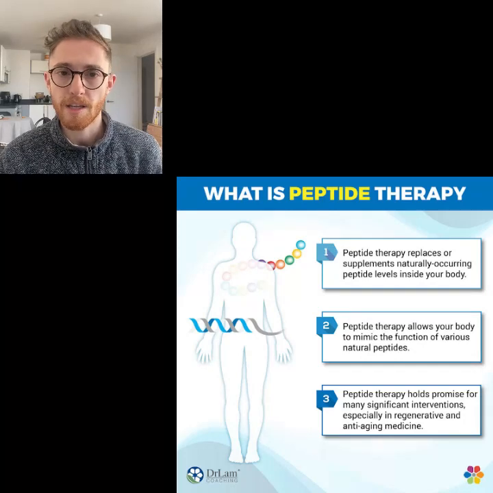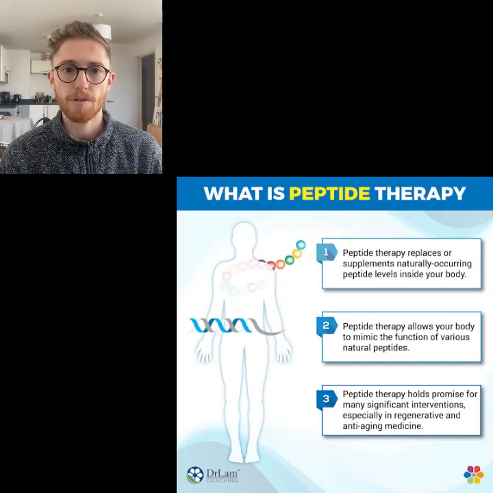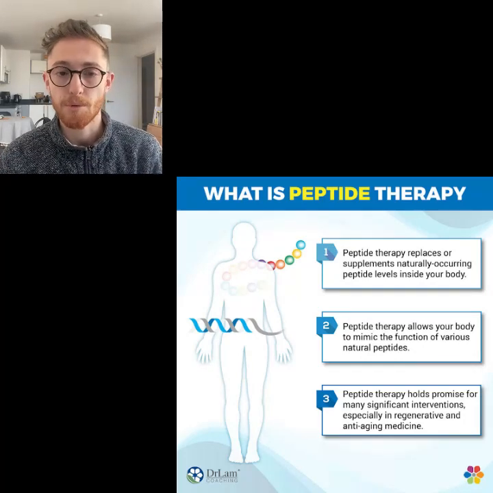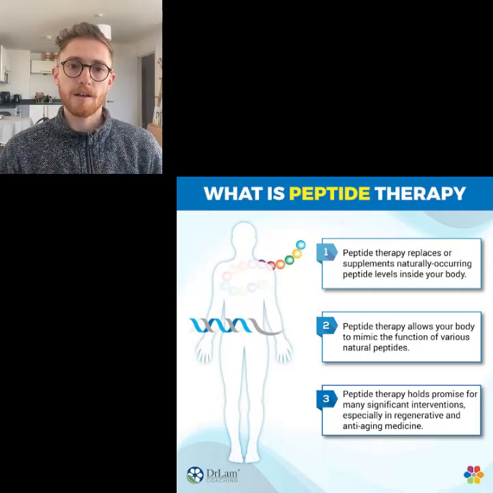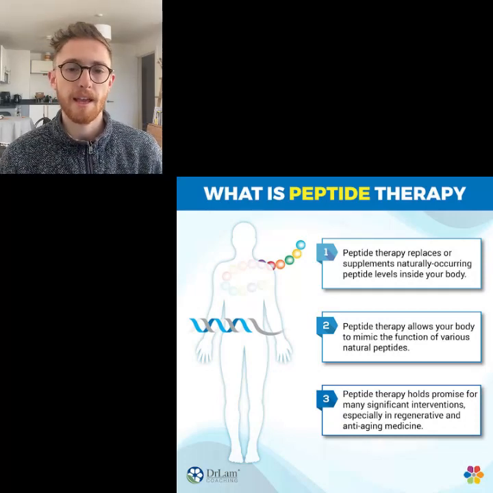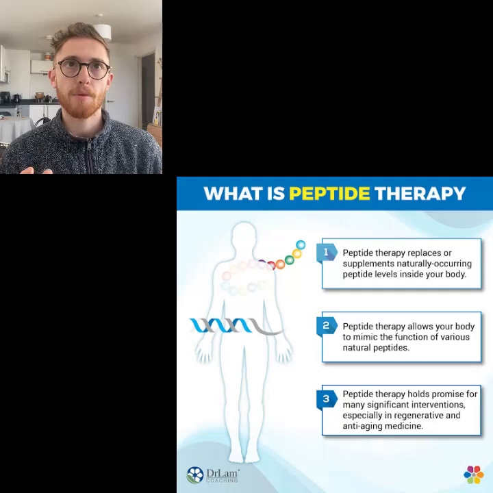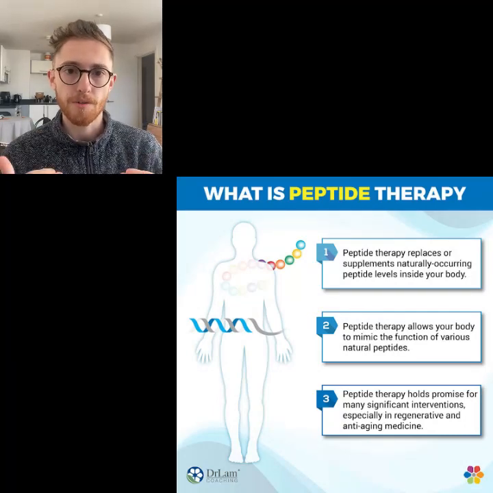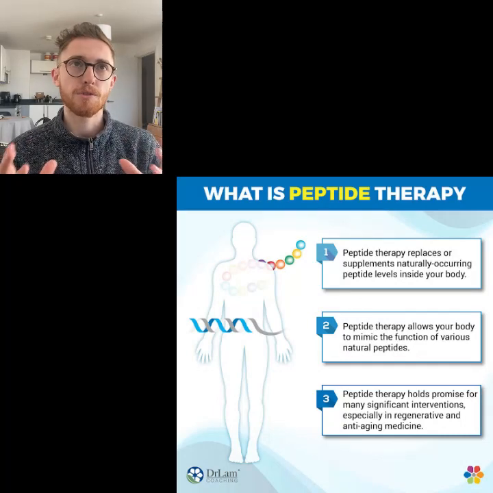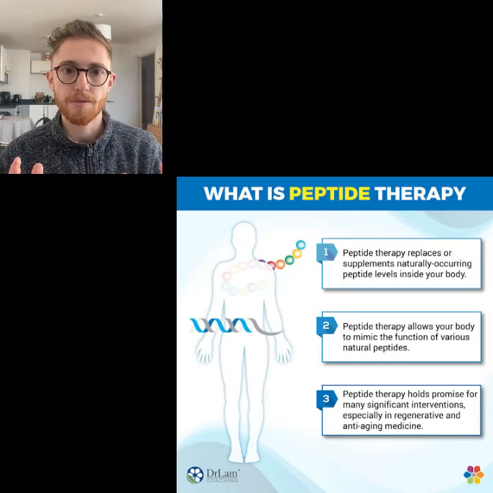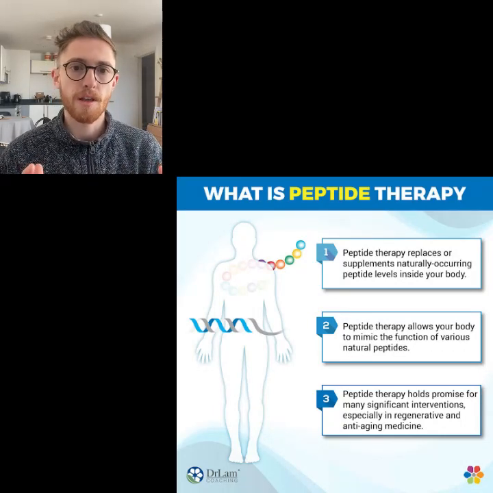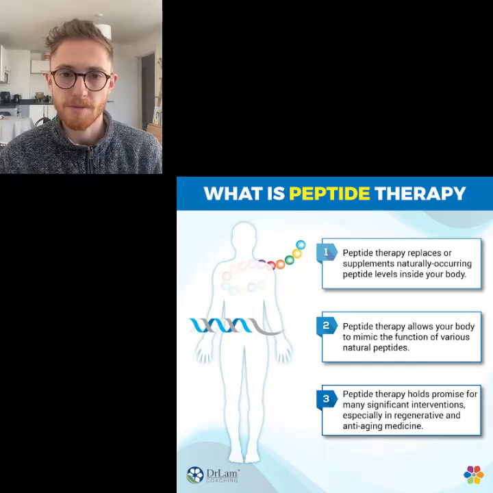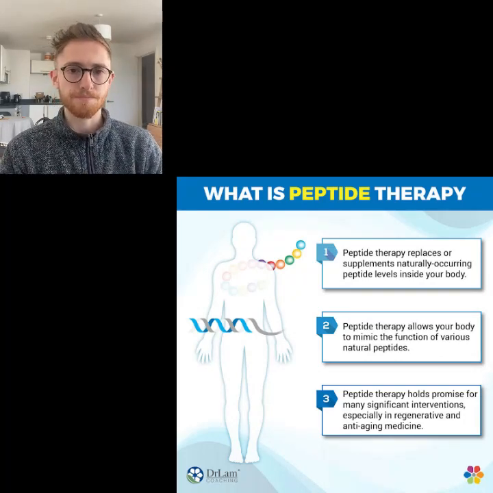An example of one that is already used widely for healing would be insulin. Insulin is a peptide that helps to promote absorption of glucose from the blood and therefore stopping high levels of blood glucose, which is bad for people with diabetes who don't produce their own insulin.